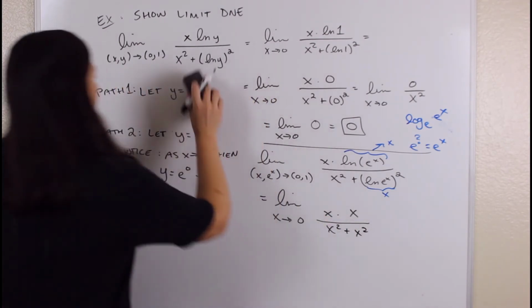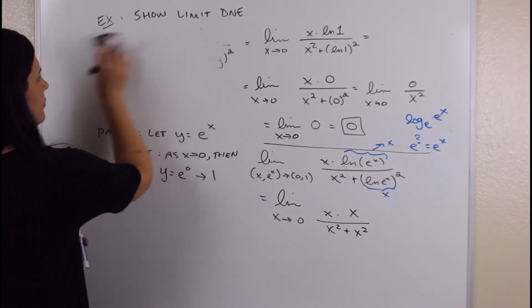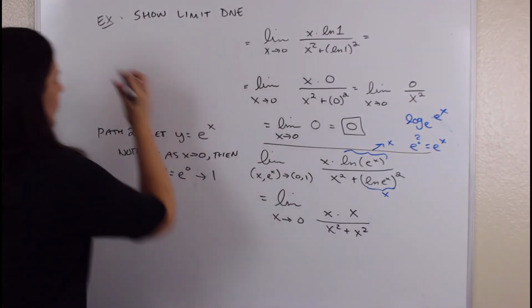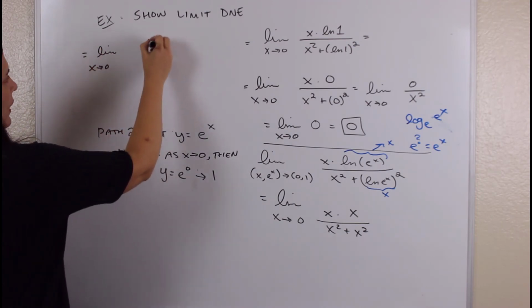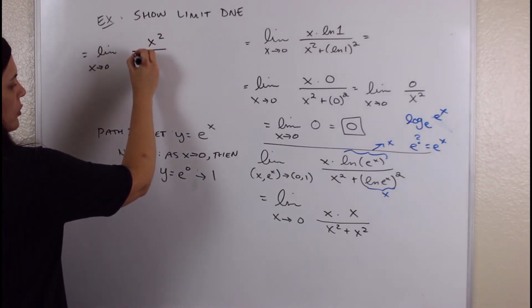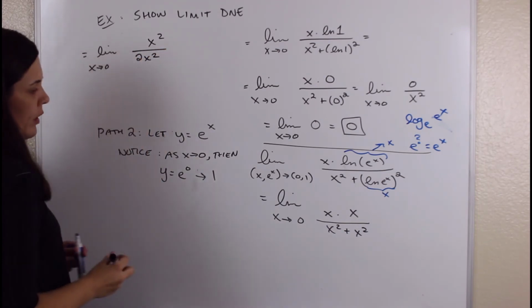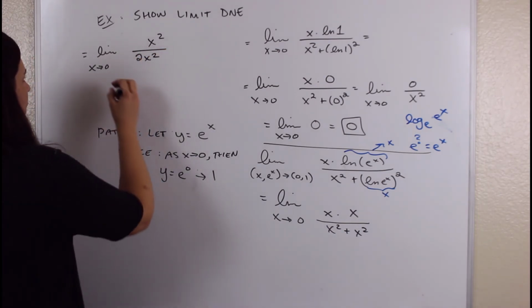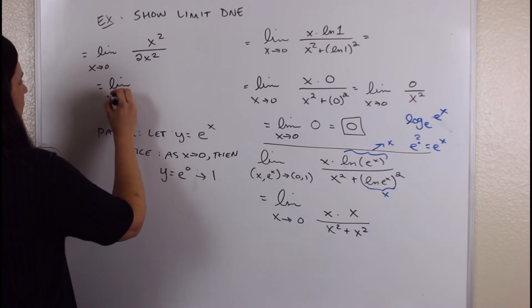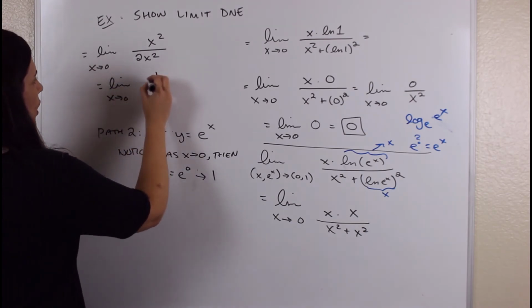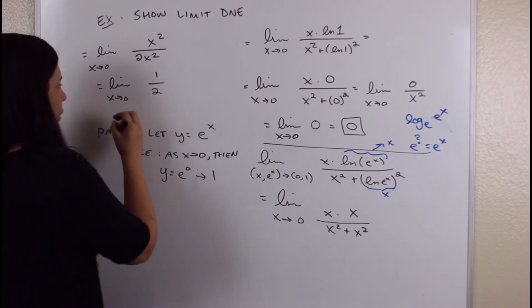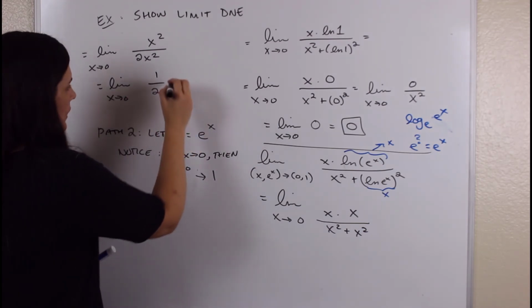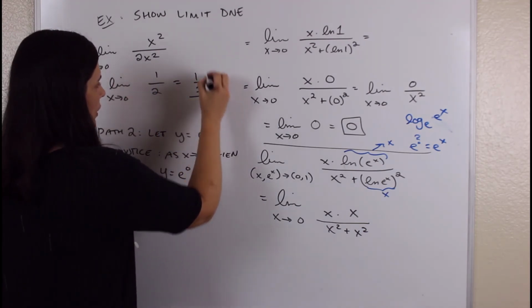So let's move back up here. And we have the limit as x goes to 0. On top, x squared. On bottom, 2 quantity x squared. Okay. And if we simplify, this is the limit as x goes to 0 of 1 over 2, because the x squareds divide out. And now we consider plugging in 0, but there's no more x's, so this is 1/2.